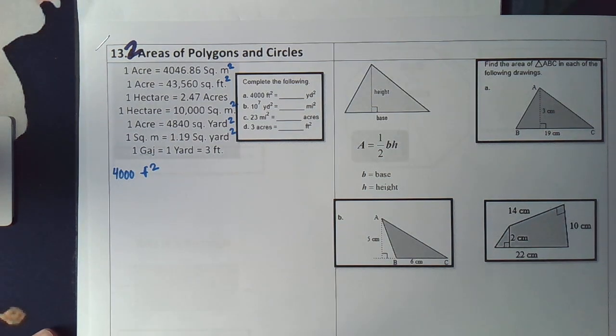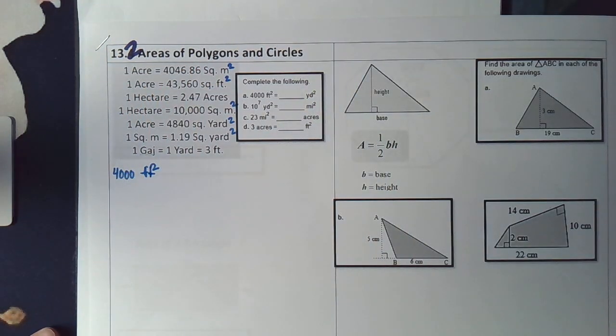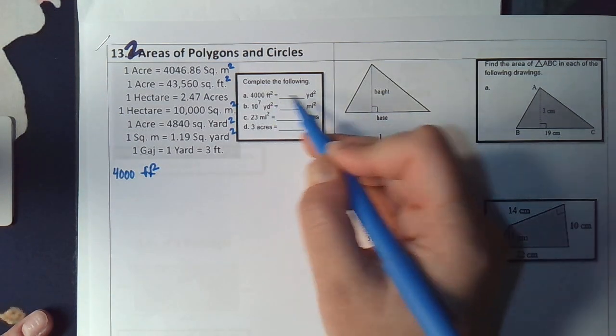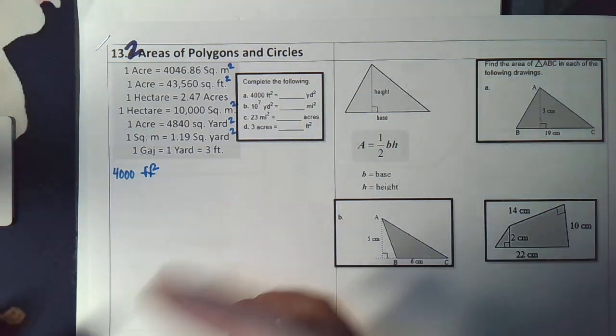Oops, I spelled it wrong. Okay, so we don't have a conversion that goes straight from feet to yards, but is there something that I could use to get me there?